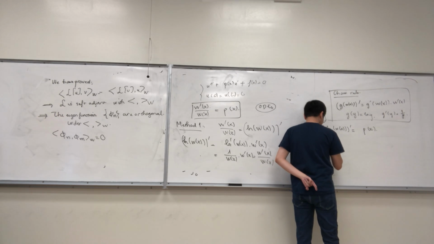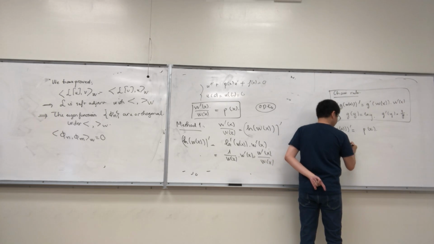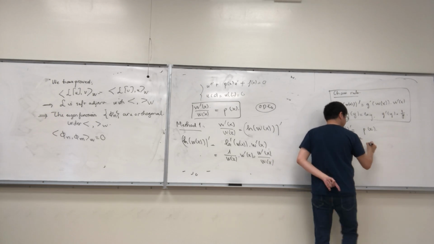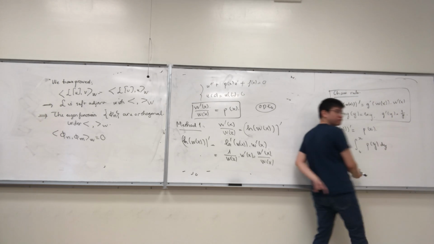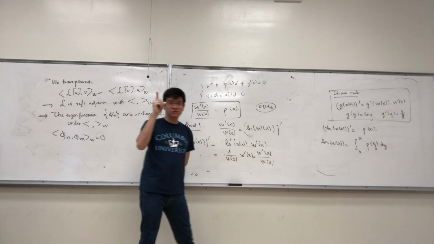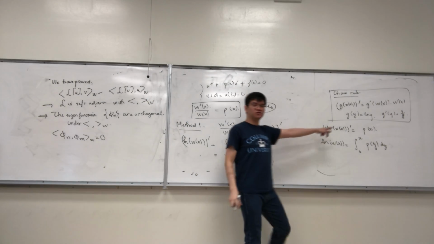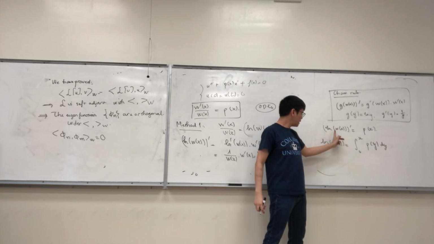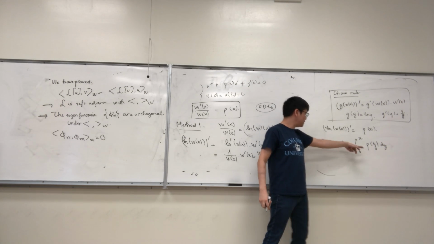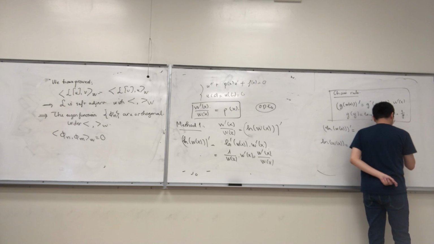So you have log of w will be the integral from 0 to x of P(y) dy. You integrate from 0 to x only and not to L, because this is a function of x, right? So in order to find w, you're going to have w will be this plus a constant, right?